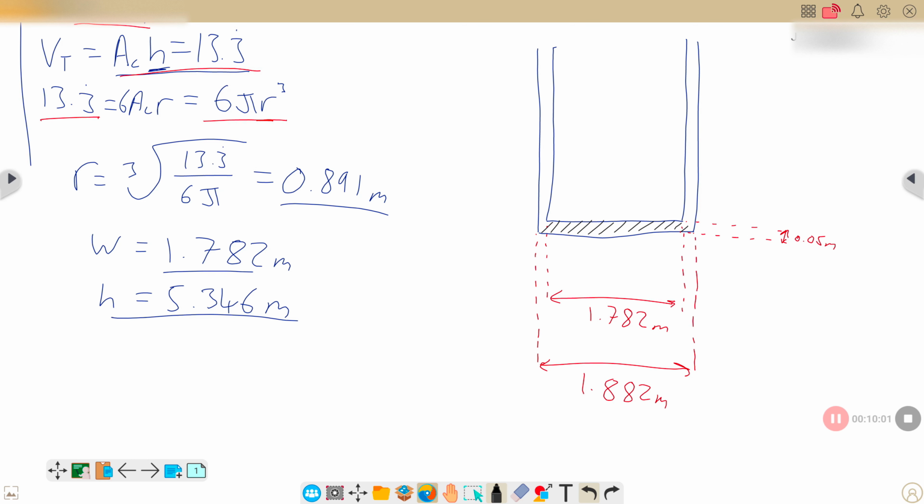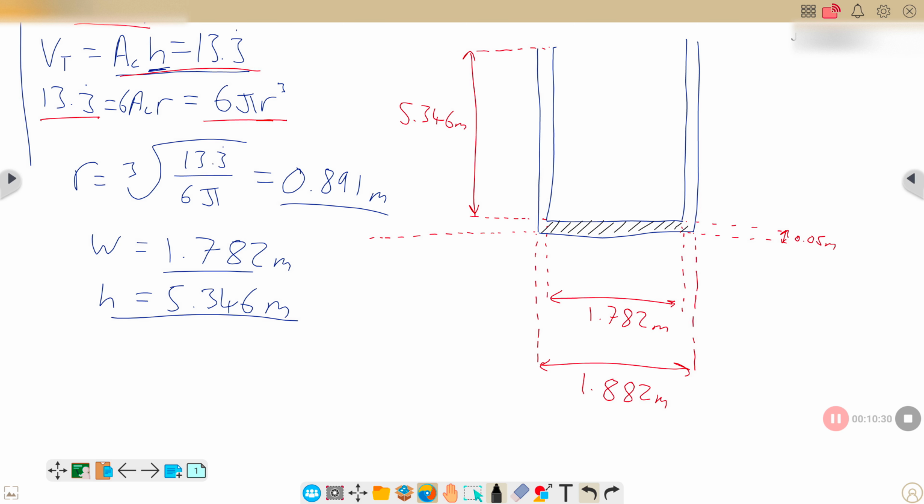And then my height, or my inner height, is 5.346. This is just a sketch, and I wouldn't expect anything all that rigorous from you guys. So 5.346 inner height there.